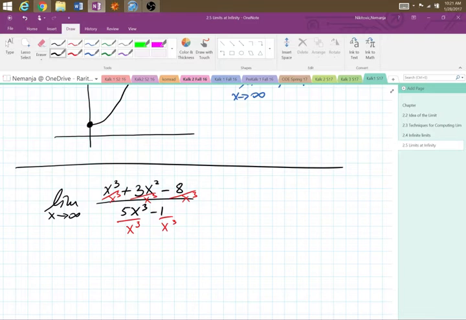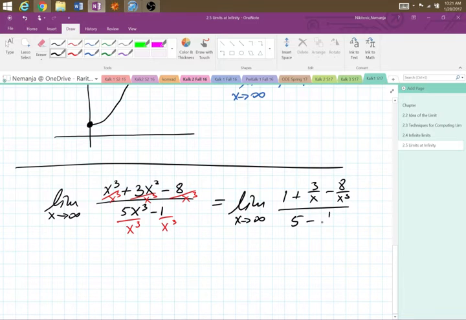That's what you have to learn. So that's the method. You divide by the highest exponent. Don't forget to copy the limit, or minus 5. And then we have x cubed divided by x cubed is? Great. Then 3 over x, and minus 8 over x cubed. Right at the bottom, 5 minus 1 over x cubed.